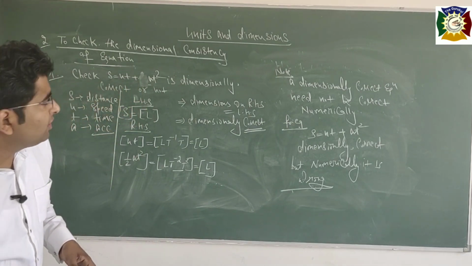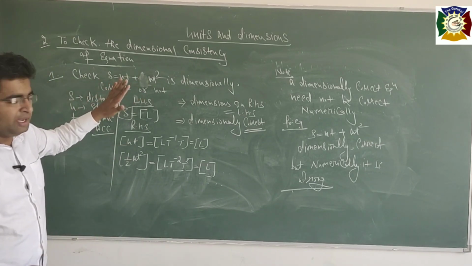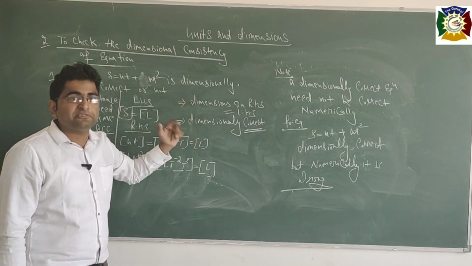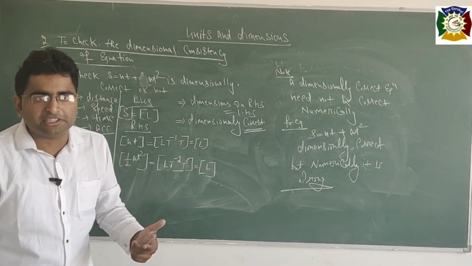So students, now the second numerical we will do. In that numerical the equation will be given to us, and in that equation some constant term will be given and we have to find the dimensions of that constant term.